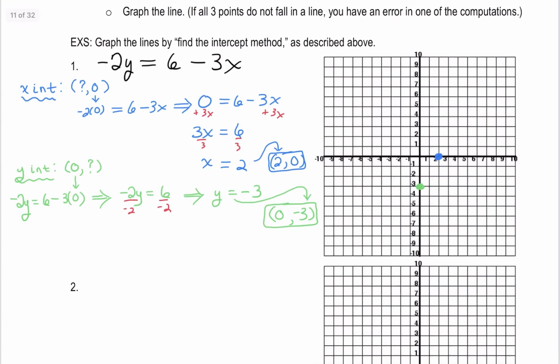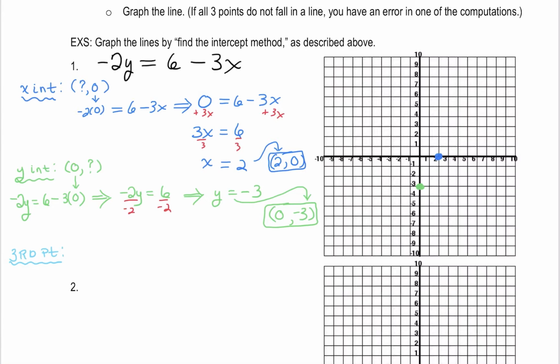One is just to pick anything you want for either the x or the y, quite honestly, and then sub it in for the other variable. So if you wanted to pick a third point, you can do absolutely whatever you want.